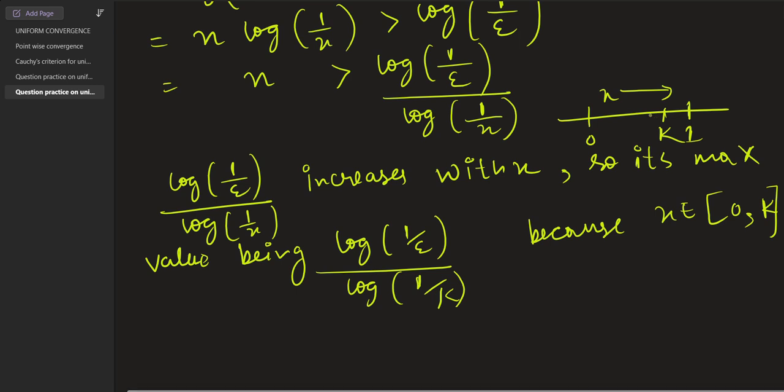So here k is your maximum value, so when you put that, this value is increasing with x, so this value is your maximum. Fine. For k greater than 0.